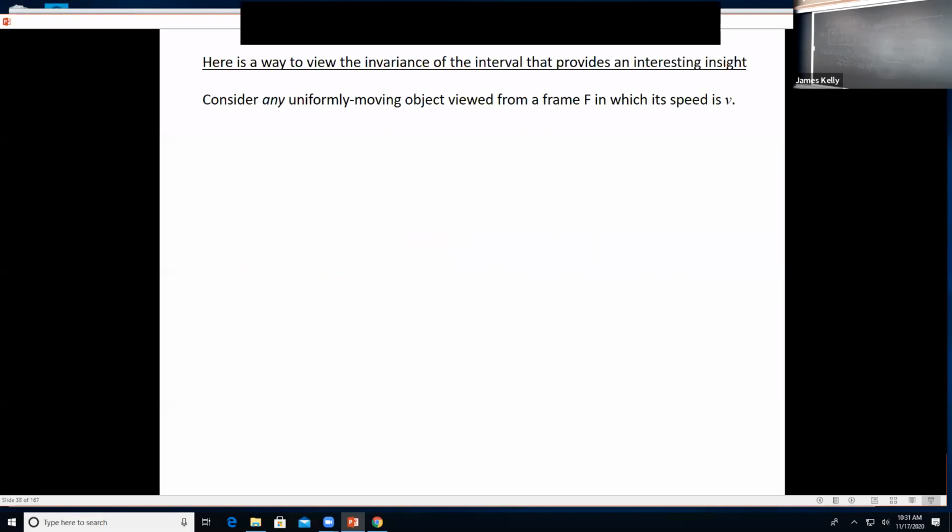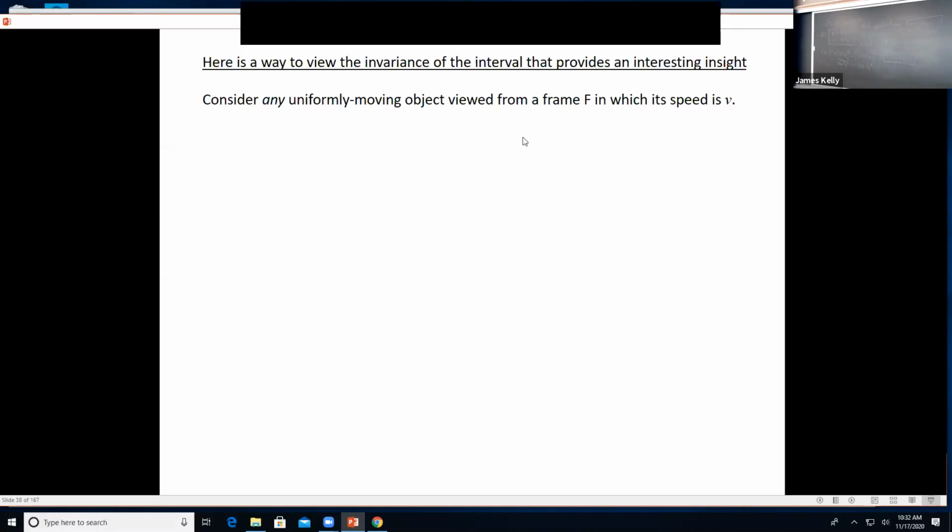In any case, that tells us a little bit about what s squared is giving us in terms of information. Now, here's the interesting insight that we can get from the interval. Otherwise it's just a definition, and we could have figured out in an easier way whether they were time-like separated. Let's imagine an object that's uniformly moving, and we're going to view it from some frame.